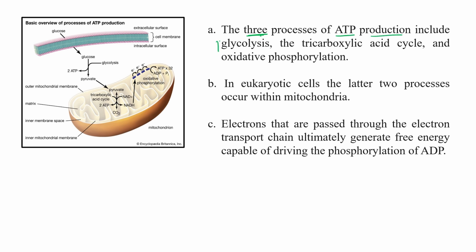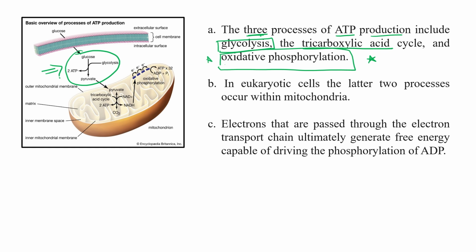First is glycolysis, which occurs in the cytoplasm. Then the TCA cycle, which occurs in the matrix of mitochondria, and then the final production of ATP, which occurs during oxidative phosphorylation. These are the three important steps of ATP production.